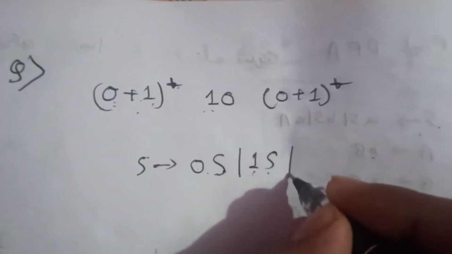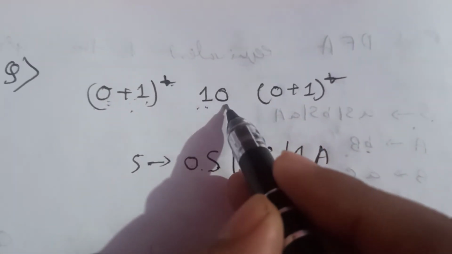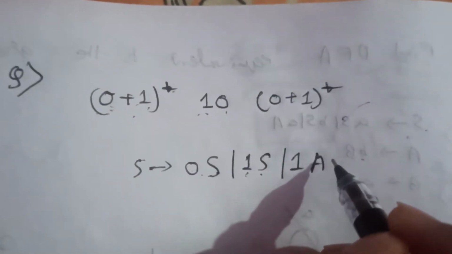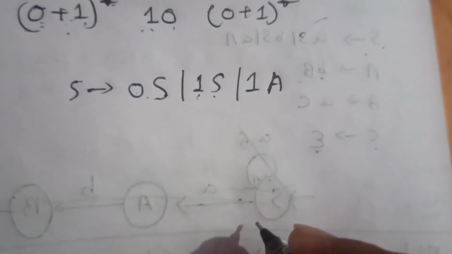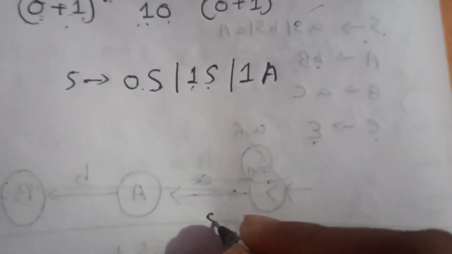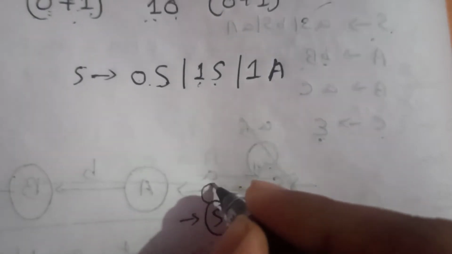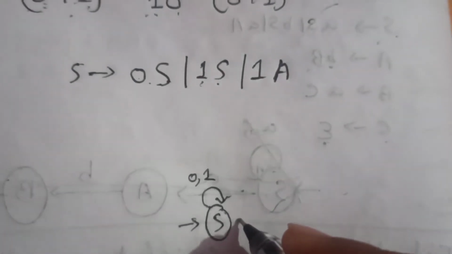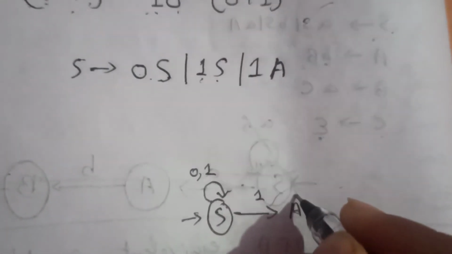I will write the new state's value as A. This is not the final state because there are other input symbols after that, so there is no need to write only the terminal part. I will equivalently draw the states here so that you can understand. S is our starting state, and there is a self loop for both 0 and 1, and also for input symbol 1 it is going to a new state, that is state A.